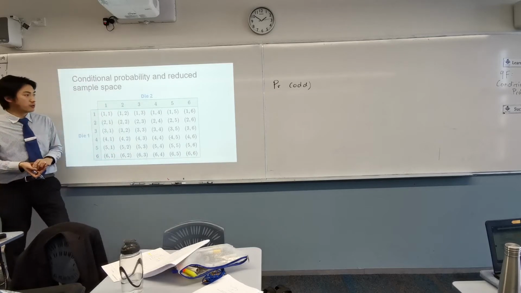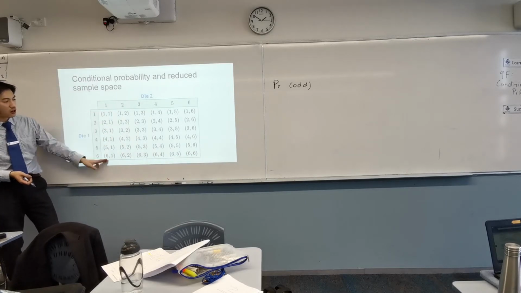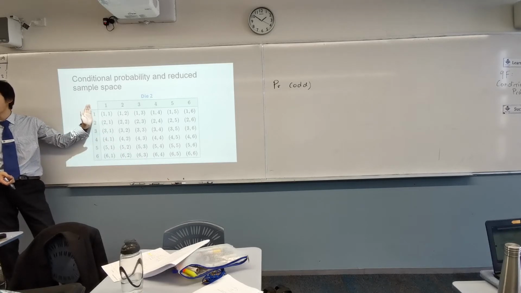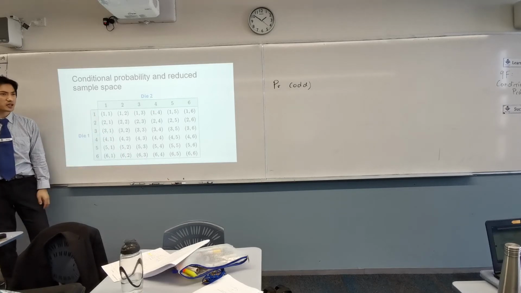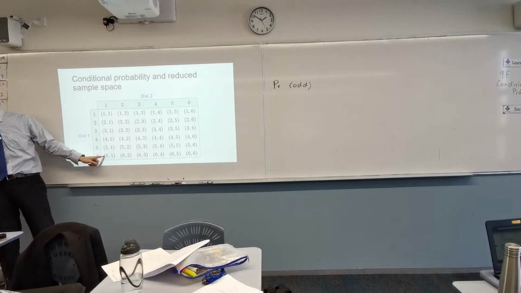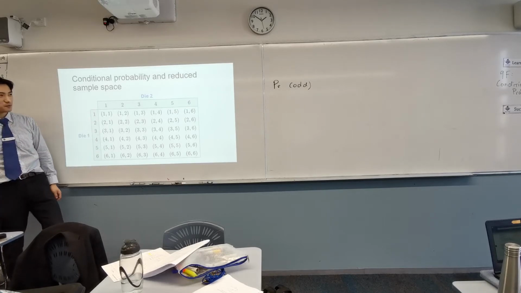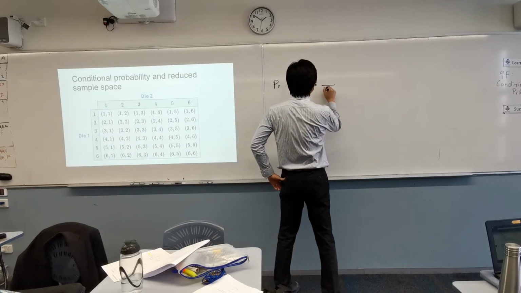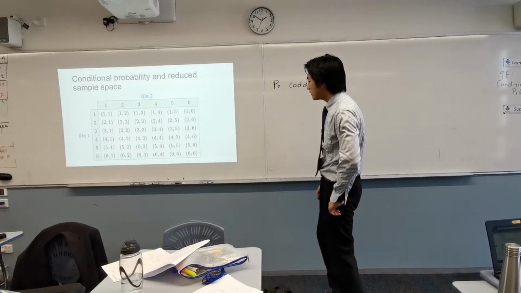All you have to do is count up all the results that are odd and divide it by the total number of outcomes in the sample space. How many outcomes are in the sample space? 36, right? Because 6 times 6. So it is something out of 36, and we can calculate it.